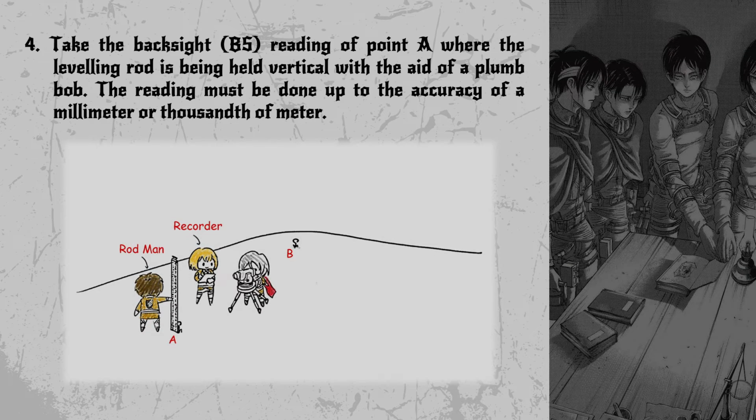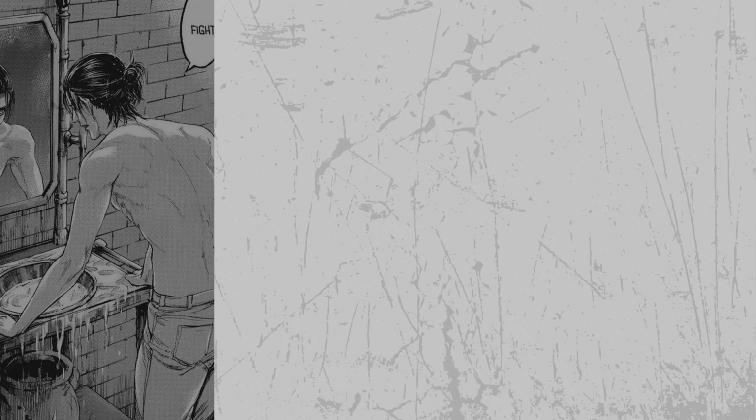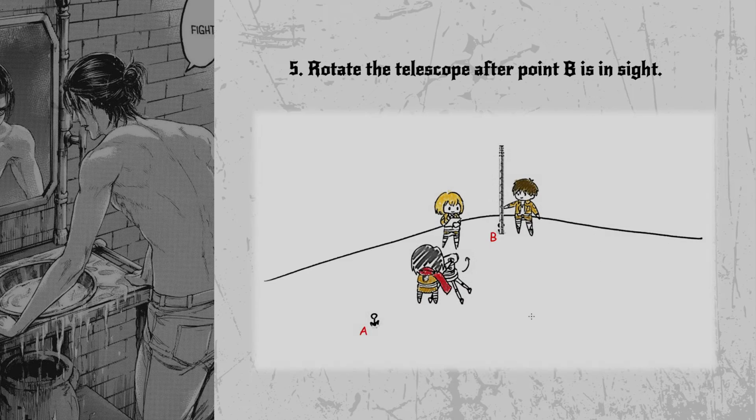Step 4. Take the backsight reading of point A, where the leveling rod is held vertical with the aid of a plumb bob. The reading must be done up to the accuracy of a millimeter or thousandth of a meter. Step 5. Rotate the telescope after point B is in sight.